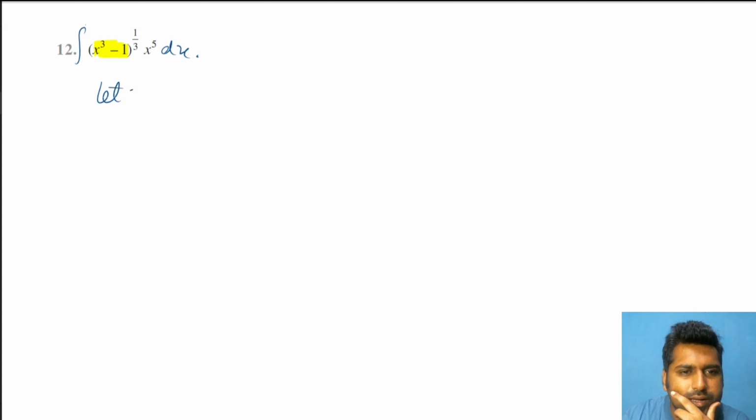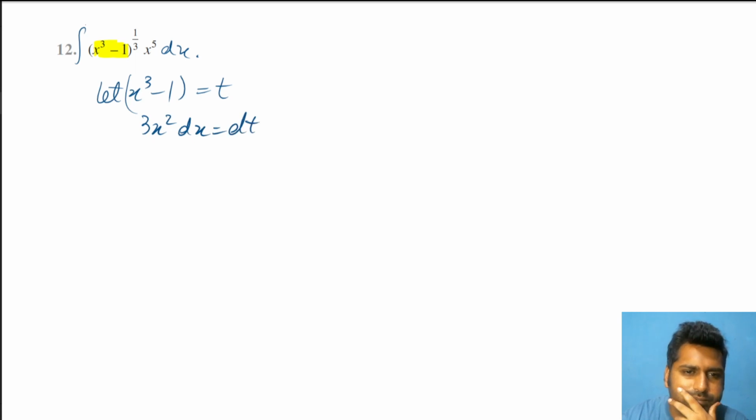So let x cube minus 1 be t. So differentiation of that is 3x square dx. That's your dt. Now we don't have 3, we don't have x square also, but if you readjust your question, this is x cube minus 1 power 1 by 3. x raised to power 5 can be written as x cube into x square.